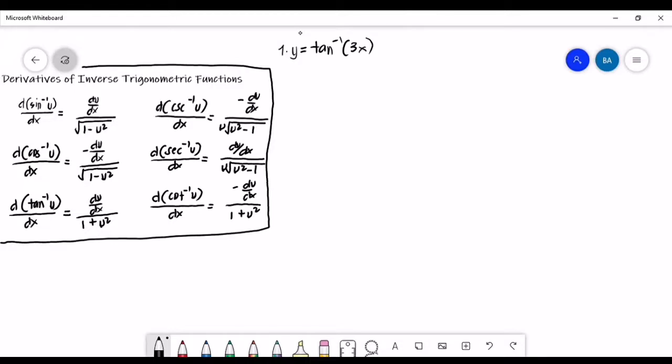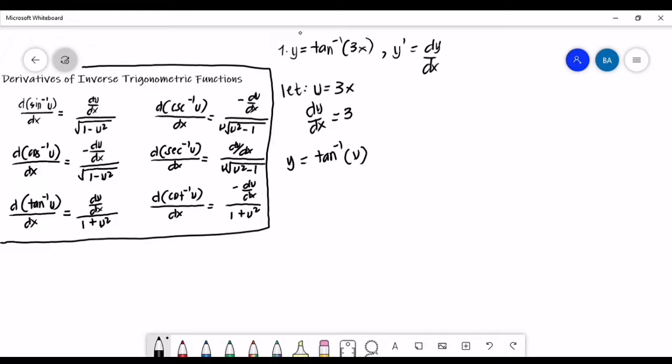So we are going to find y prime, or dy/dx. First thing to do is we need to let u equal 3x, and then derive the derivative of u with respect to x. This is equal to 3. If we rewrite our equation, since we let u equal 3x, we could say that y is equal to the arctangent of u.